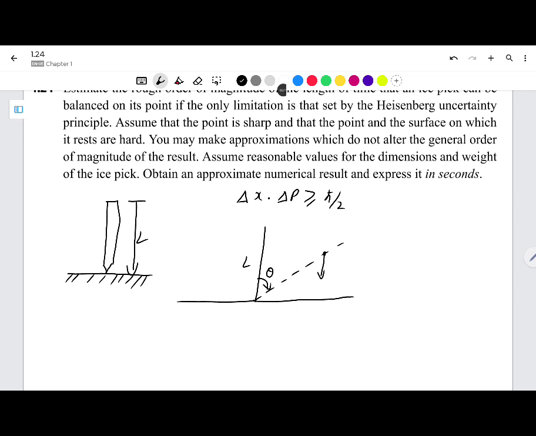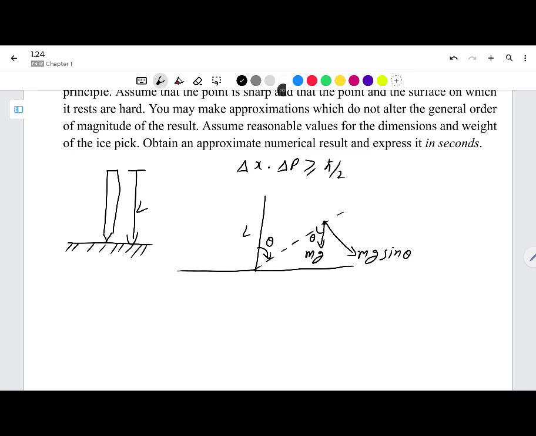So let's say from the center of mass there is a force downwards, which is mg, and this is mg sine theta. Because this is theta, this will also be theta. Okay, fair enough.